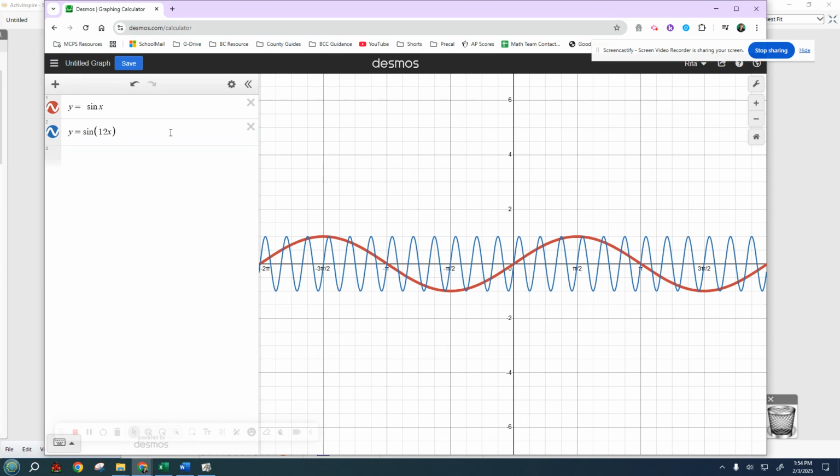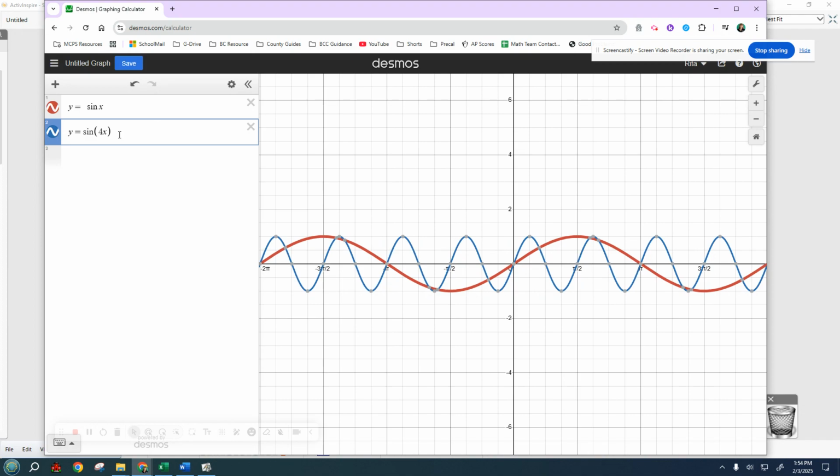You pick an obnoxious number. Or smaller number. Faustina, smaller number. 4. Okay, that's reasonable. Okay, now we see 1 wiggle, 2 wiggles, 3 wiggles, 4.